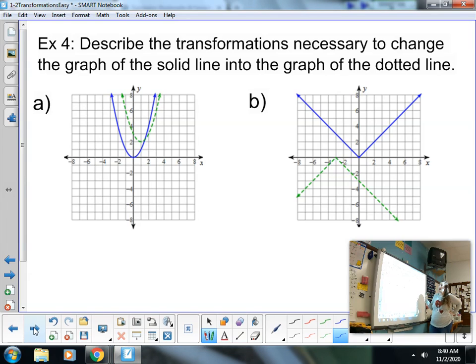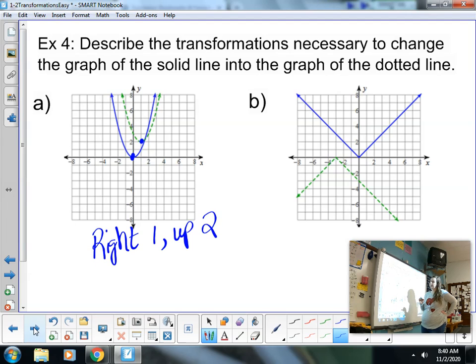So for part A, our solid line is a quadratic. I am going to compare vertex values. So I'm comparing this dot here to this dot here. Well, to go from this solid blue line dot to the dotted green dot, we are going to the right one and up 2.